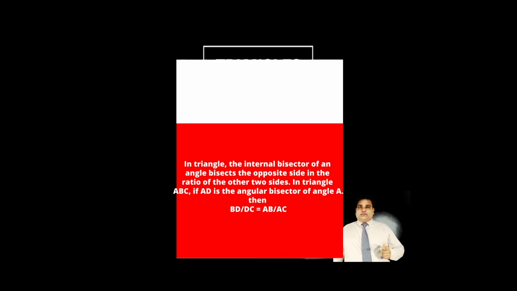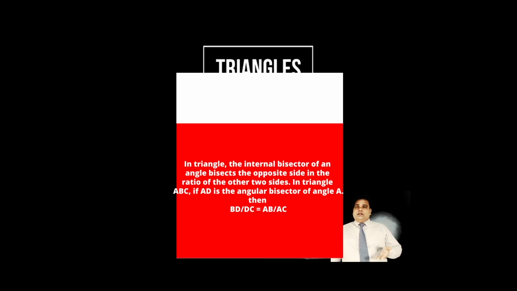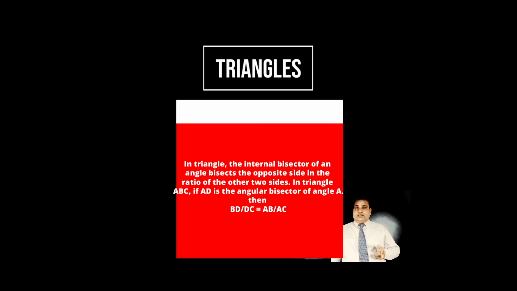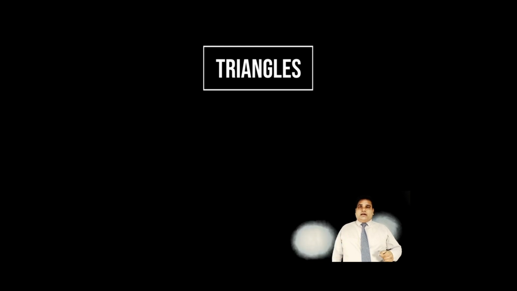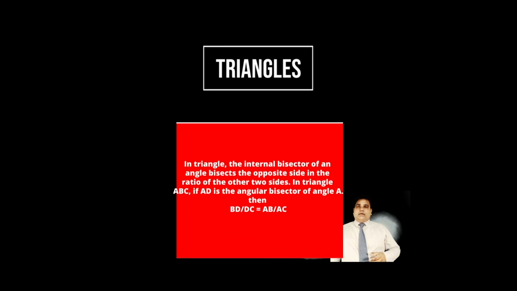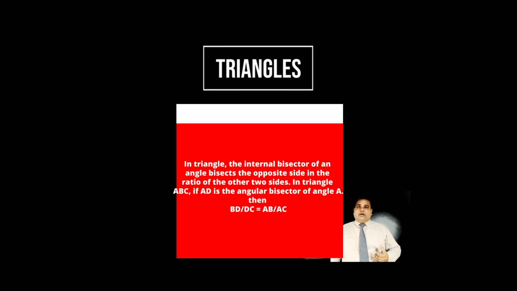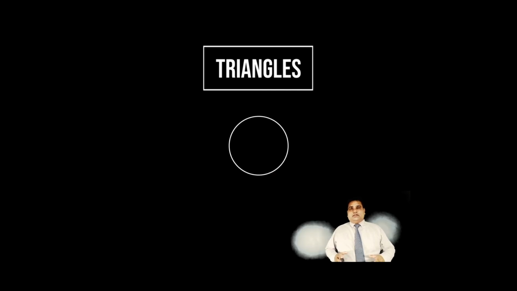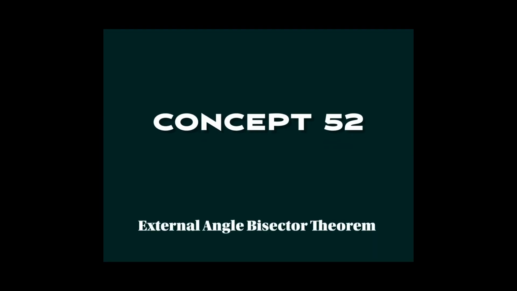It touches the opposite side at D. The ratio of the other two sides, AB and AC, will be equal to the ratio of the two segments created at D. So we can say always BD upon DC is equal to AB upon AC.